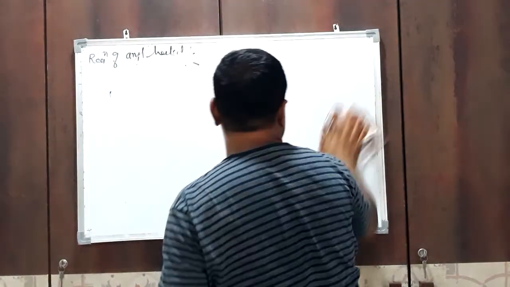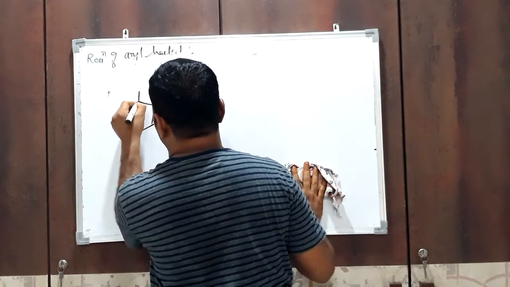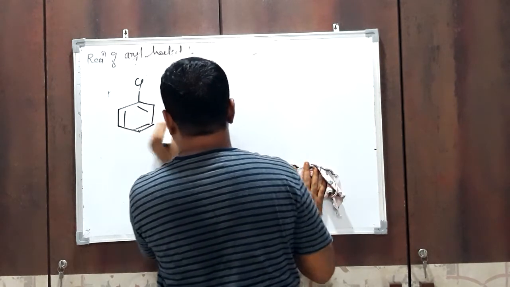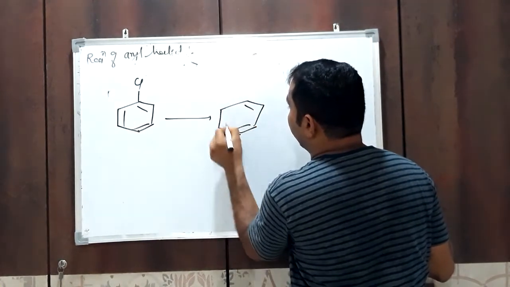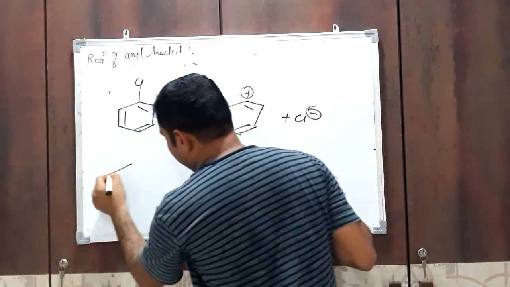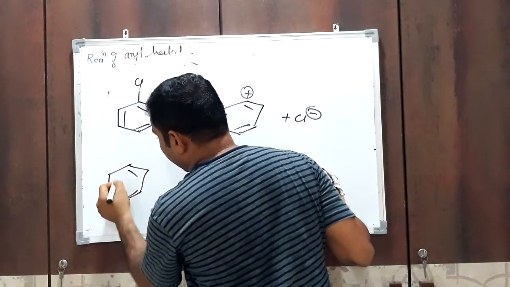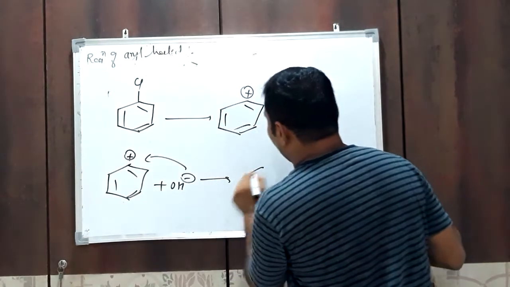In the SN1 reaction, first self ionization takes place, the bond will break, and it will give this carbocation plus Cl minus, and in another step this carbocation reacts with OH minus ion, giving the product.